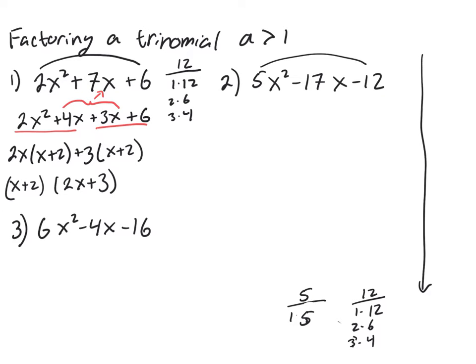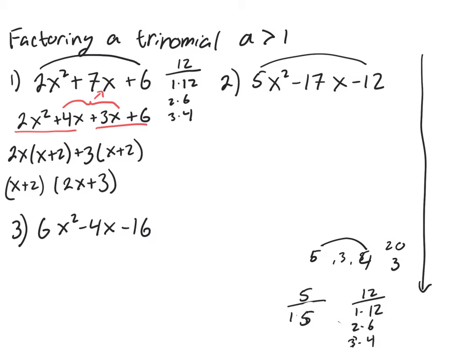Let's see. If we work with the same factor pair here, so if I work with the 5, the 3, and the 4, but if this time I take 5 times 4, well, that's 20. And what is really important about that is that the other one is 3, right?